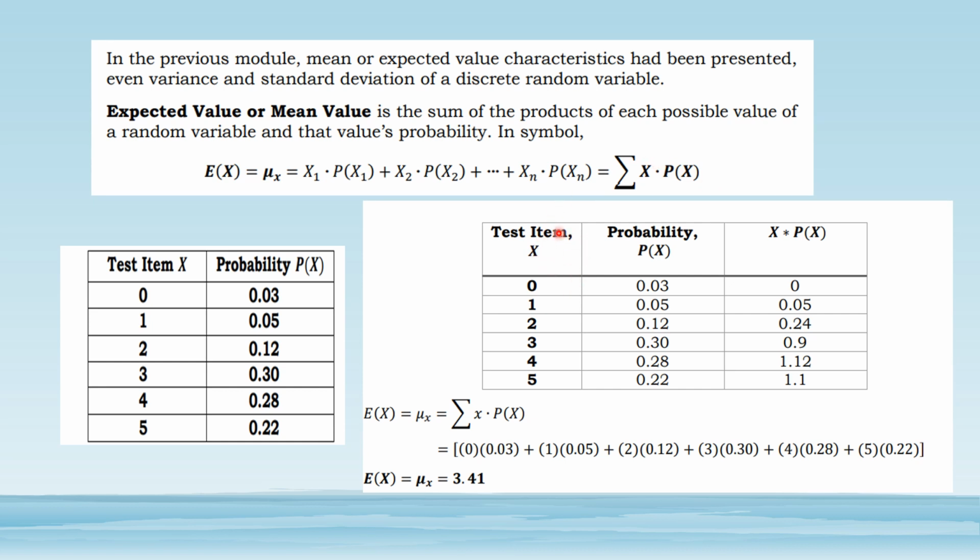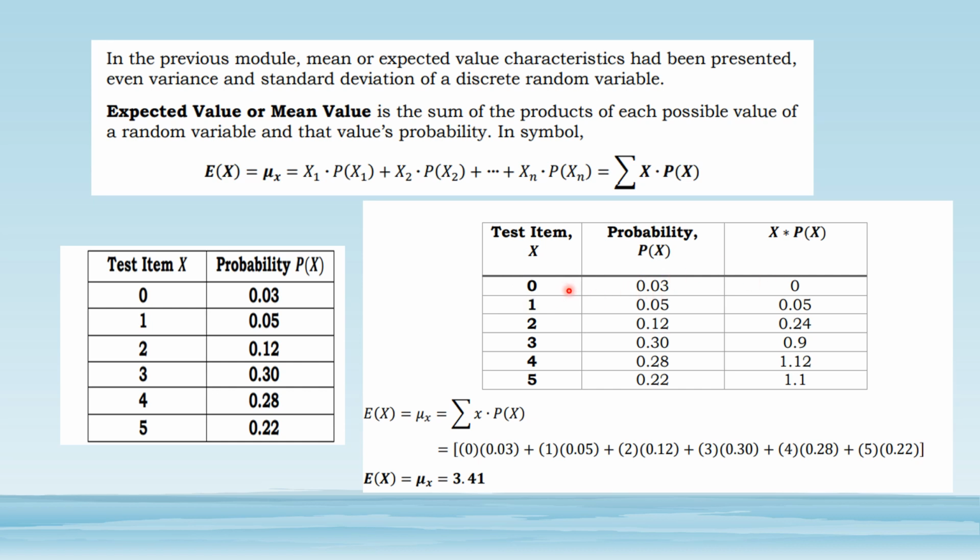So therefore, giving the value of x as 0, 1, 2, 3, 4, and 5 coming from this data, and copying the probability of x coming also from this data, all we need to do is just to multiply the x and the probability of x.